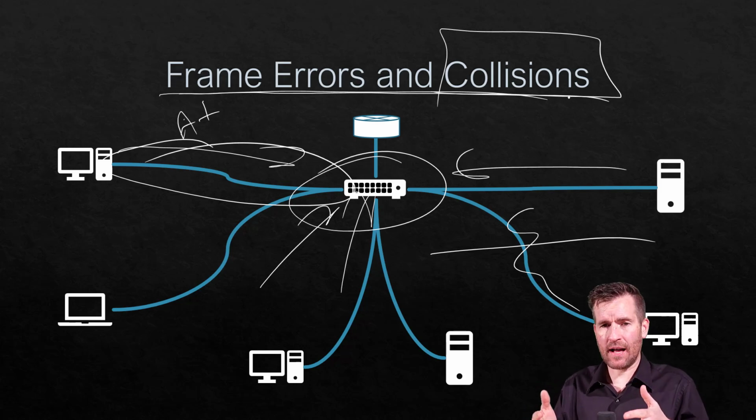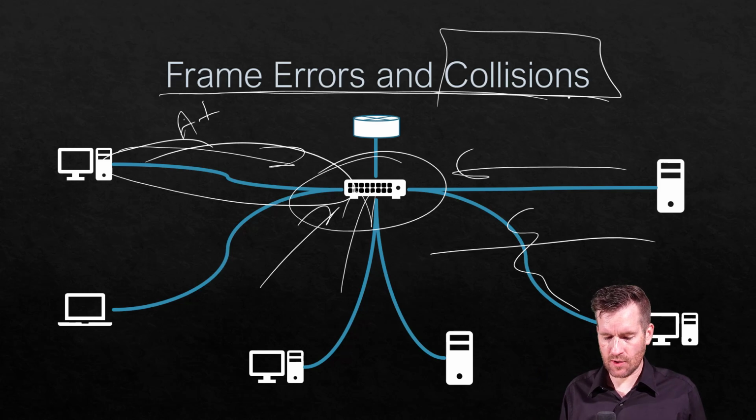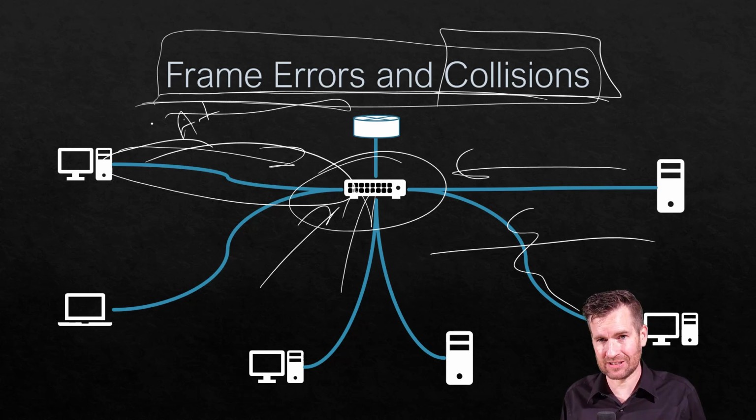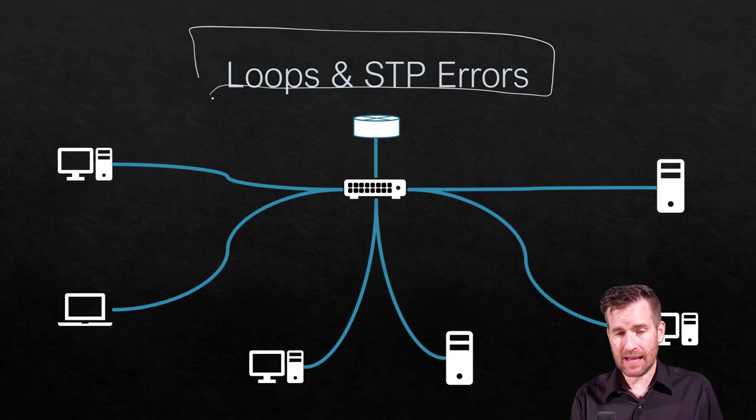Then you'll have frame errors, and they'll have to be retransmitted. So that can cause problems on your network if you have an excessive amount of frame errors or collisions.